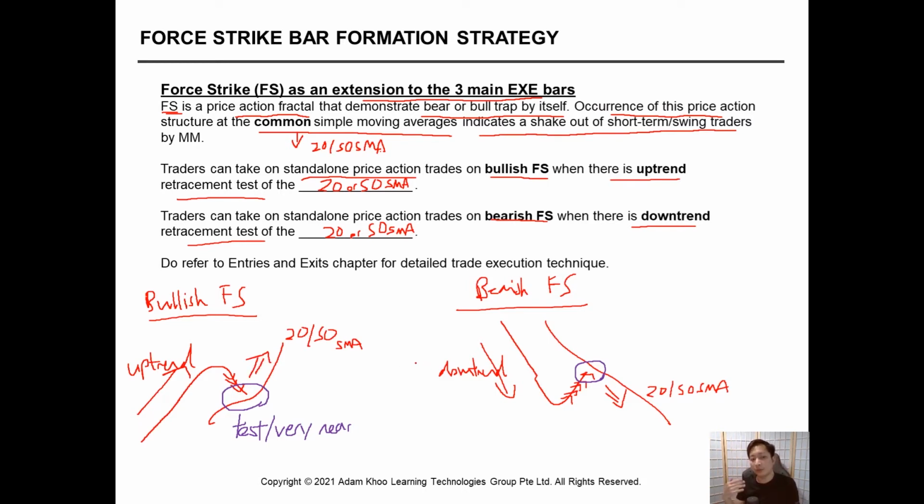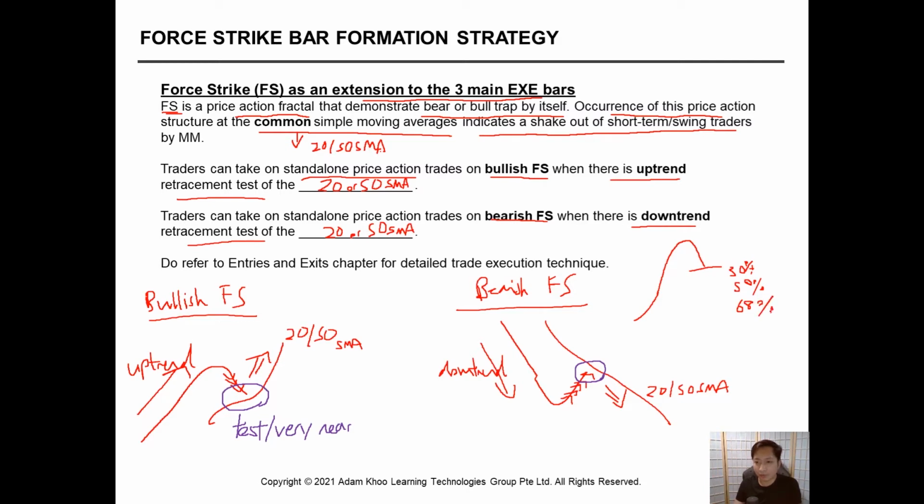Okay, again, for the bullish and bearish FS, you will not know which SMA will be tested until it is tested. It's just like I always tell my students, the reason why we don't use Fibonacci retracement is because you will never know whether the price action will test the 30 plus percent retracement, or the 50% retracement, or the 68%, I think.